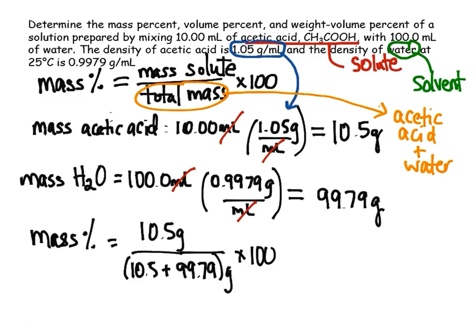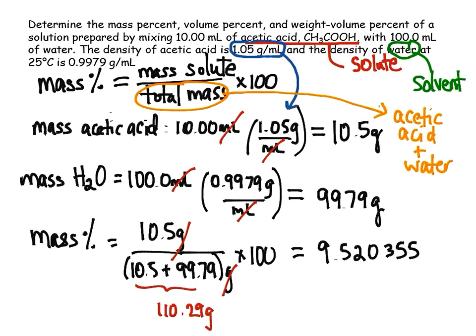So finally I'm going to do 10.5 grams in the numerator, and I'm going to add 10.5 and 99.79 in the denominator. Those cancel, and that gives me a final answer of 9.520355%, which is way too many significant figures. So 10.5 has 3 significant figures.